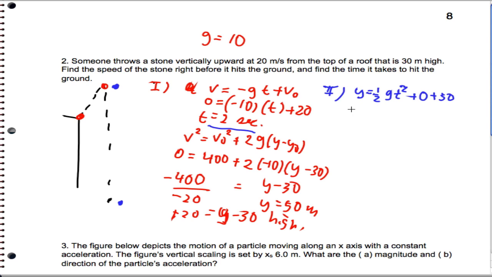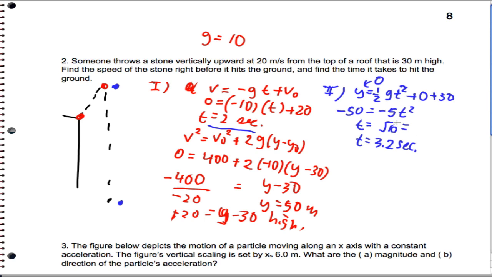And so we have actually negative 50, because the y final is 0, equals negative 5 times t squared. So t ends up being the square root of 10, which is about 3.3, but let me just get a better number for it. So about 3.16. We'll say 3.2 seconds to hit the ground.